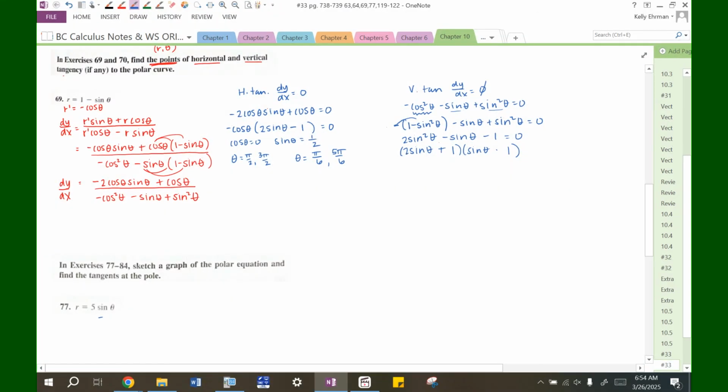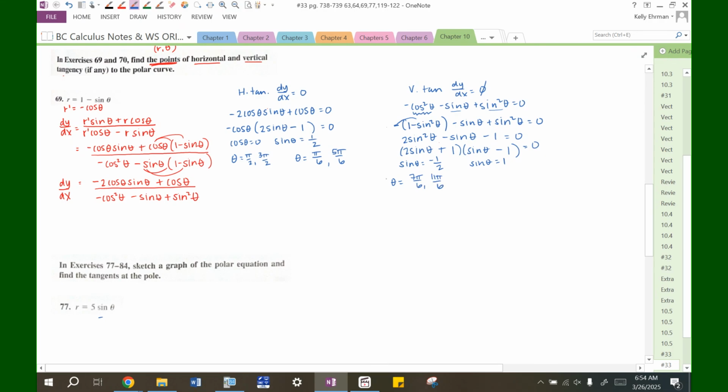I've got to make it plus and minus so that I get minus 2 sine plus sine. We'll make it minus sine in the middle. This means that sine theta could equal negative 1/2 or sine theta could equal 1. And the reference angle here is pi over 6, but now we're in quadrants 3 and 4. So 7 pi over 6 and 11 pi over 6.